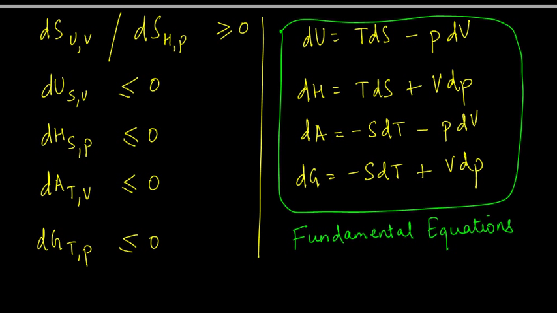For example, if I want to see the change in internal energy as a function of volume when the entropy is held constant. Might sound a bit abstract, but if I come down to dG, I would like to see what's the change in the free energy as a function of temperature when the pressure is held constant.